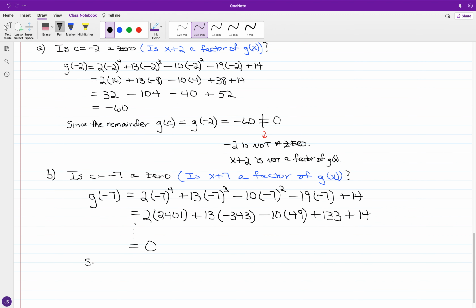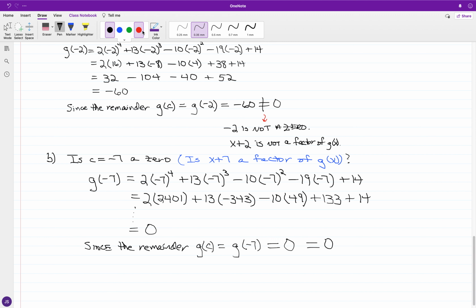And for what we have now, since the remainder in this case with the input at negative 7 is equal to 0. Again, just to repeat, the remainder is equal to 0.